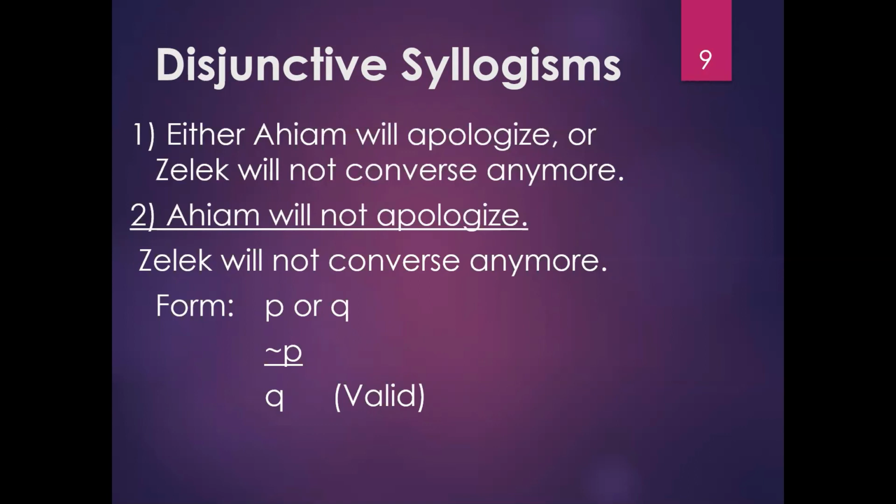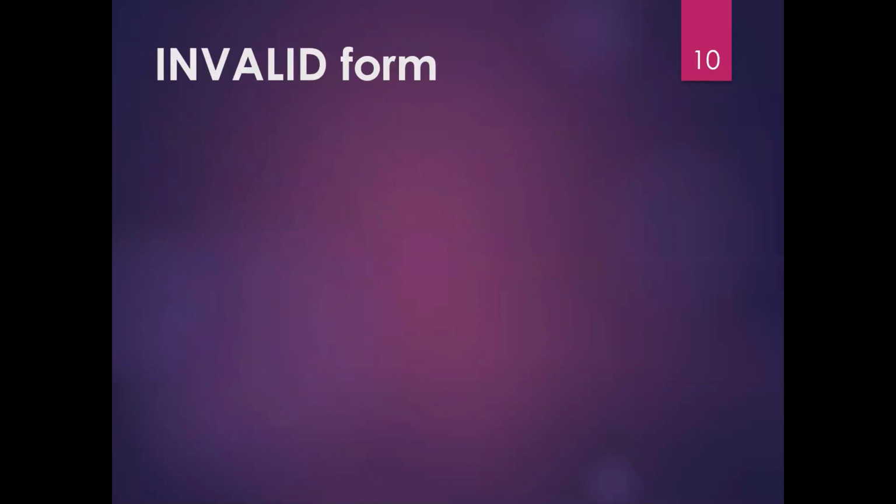Now, I do want to consider briefly an invalid form that sometimes people slip into mistakenly, and that's when you have a disjunction and then you affirm that one of the disjuncts is true, from that, it would be a mistake to conclude that the other disjunct is false. Again, that's because we're using inclusive disjunctions when we are doing propositional logic.